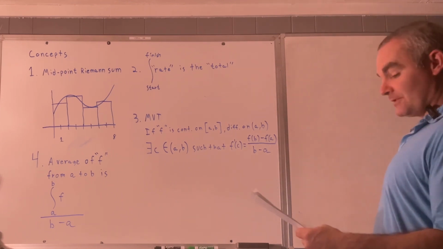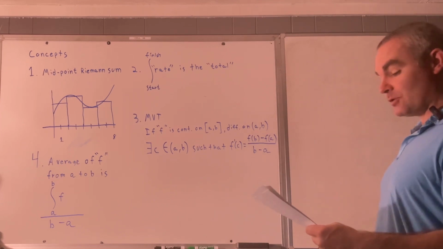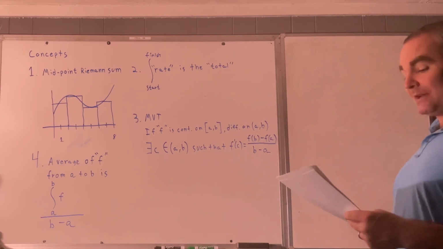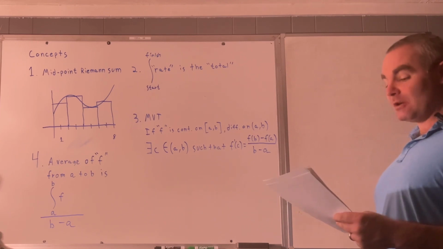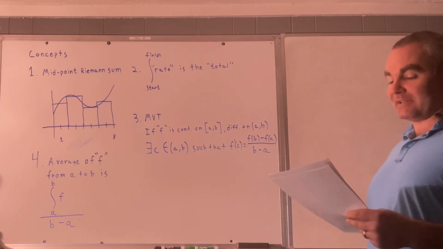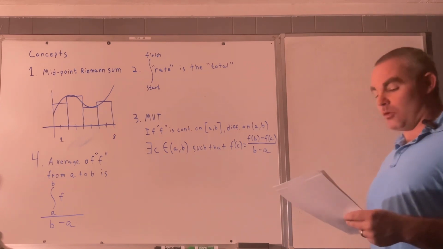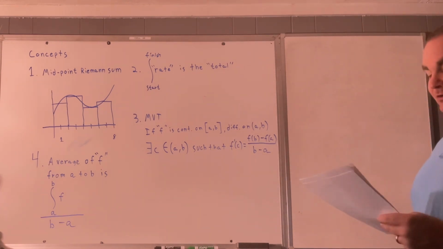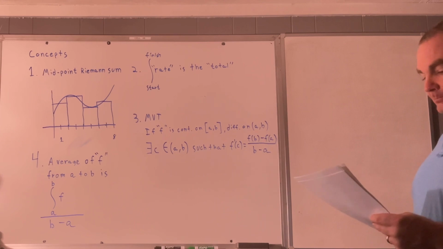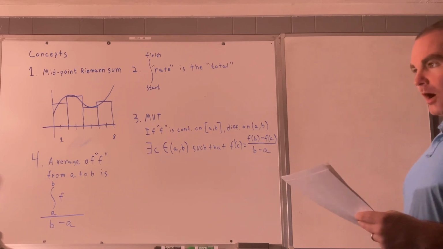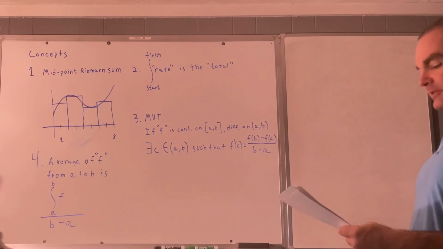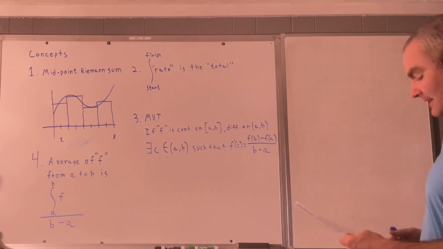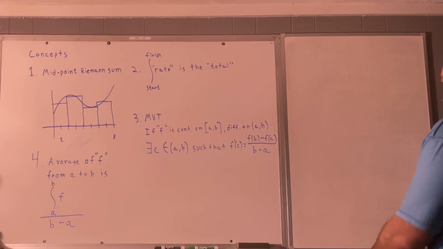Part A says use a midpoint Riemann sum with 4 subdivisions of equal length to approximate the integral from 0 to 24 of r of t, which is the rate of water that flows out of the pipe. Using correct units, explain the meaning of your answer in terms of water flow.